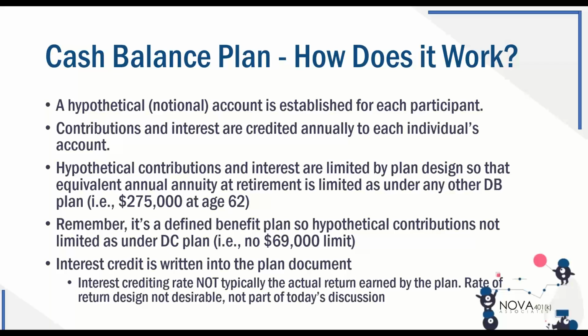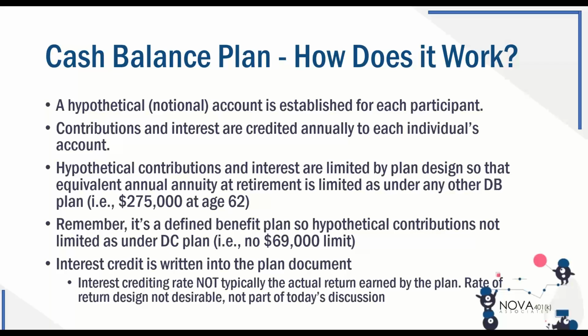So for a cash balance plan, I'm going to show you an example in a second. Everything that we do for an account is all done on, I was going to say on paper, but not anymore. We're tracking that. That's something Nova does for your clients or for your plans. We establish that account. We add contributions and interest.